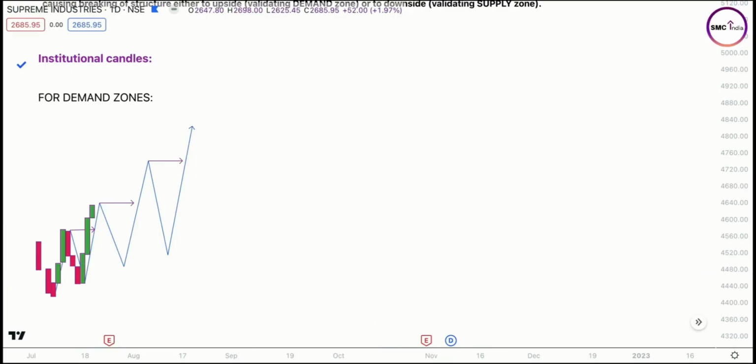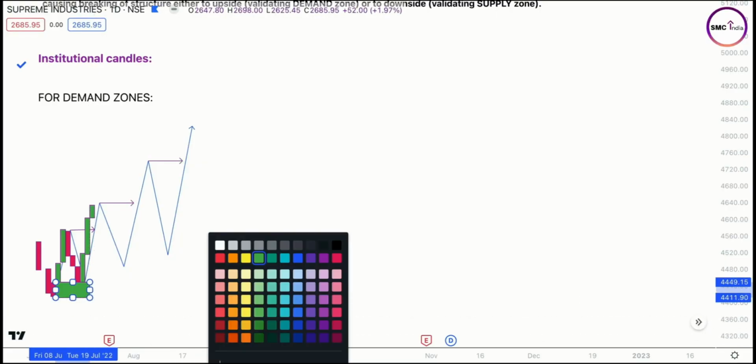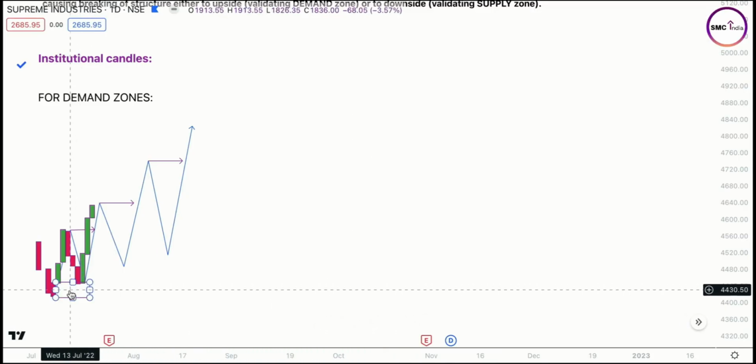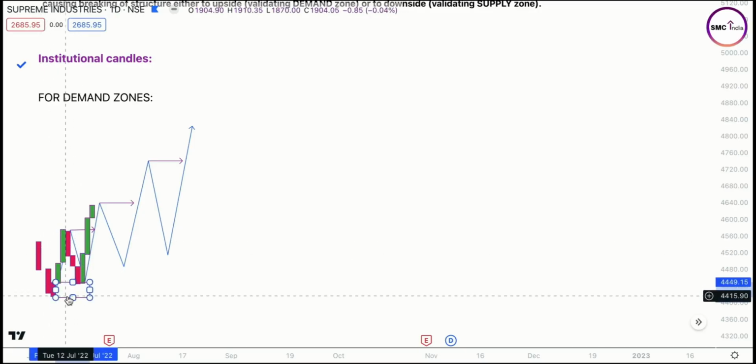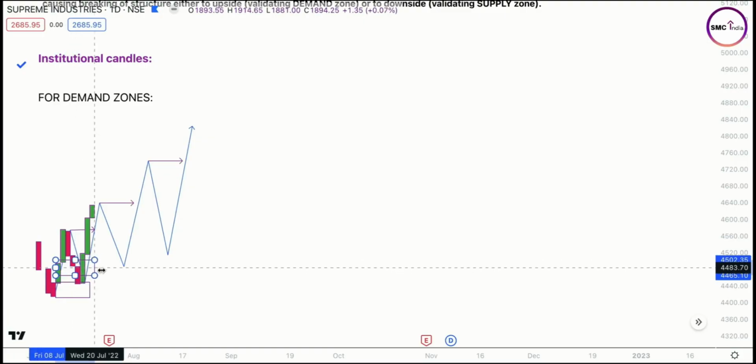So the last sell candle which causes breakout structure to the upside here is the institutional candle. Same is the case here.